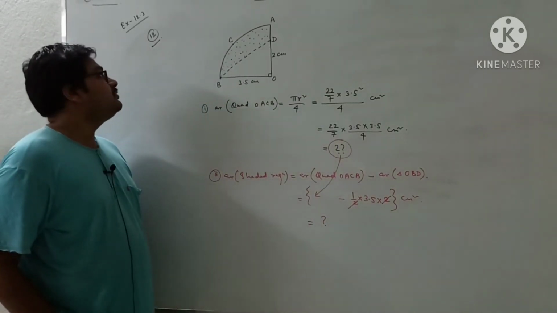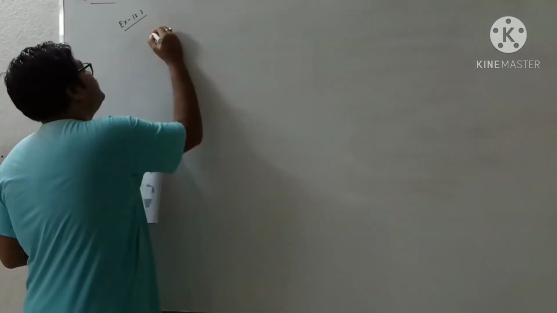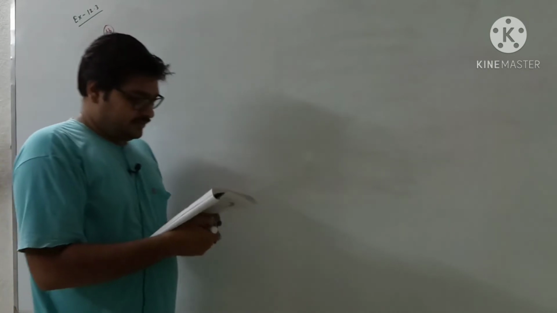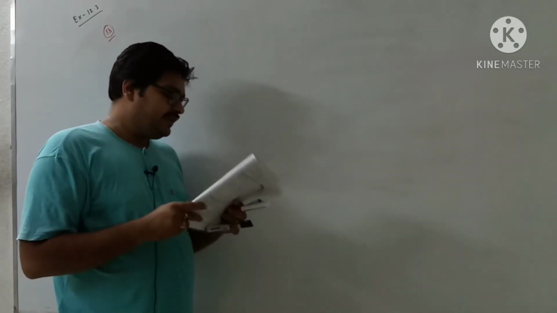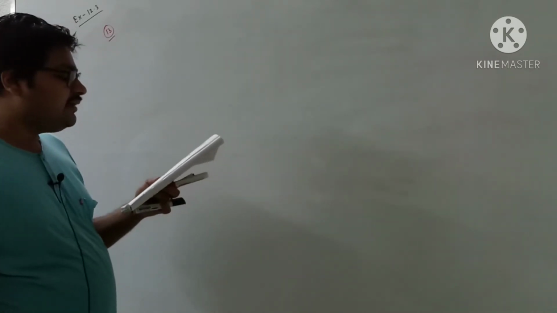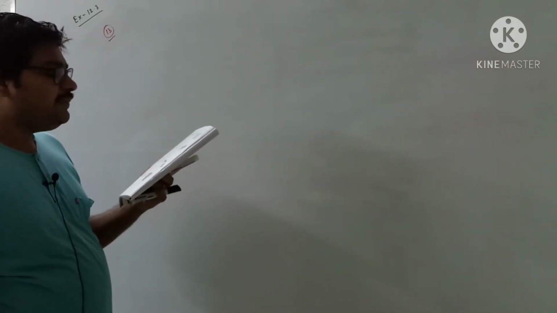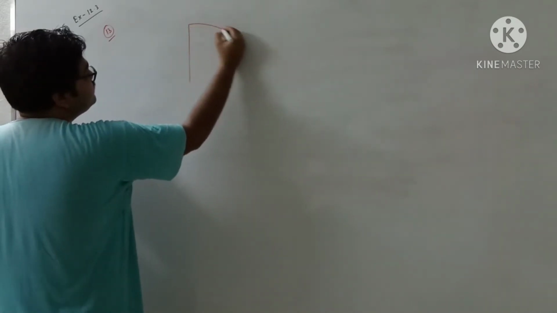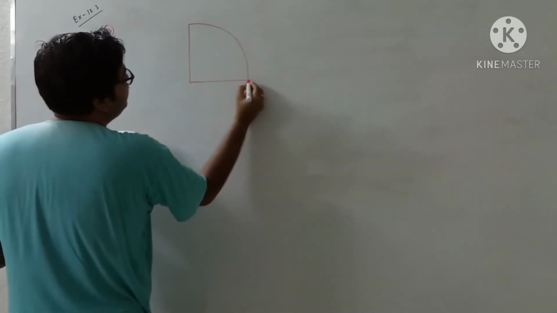Now moving to the next question, that is question number 13. What is the question basically? In the figure, a square OABC is inscribed in a quadrant OPBQ. Okay, let's draw the diagram. This is the quadrant of a circle.